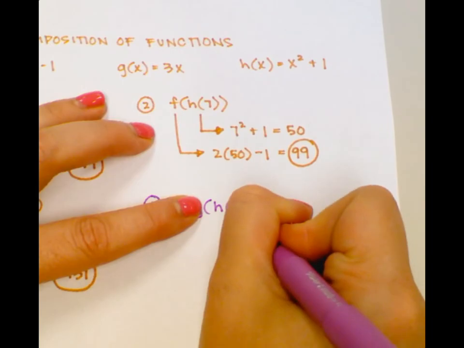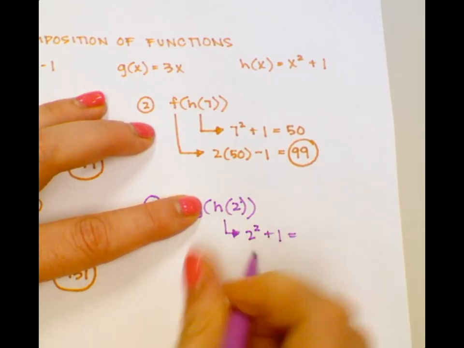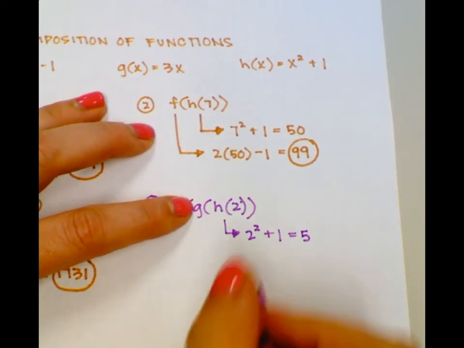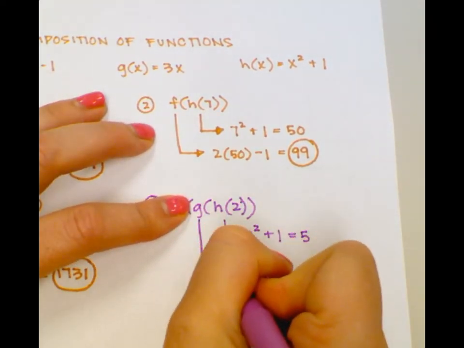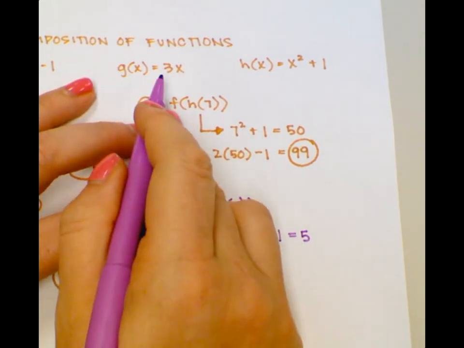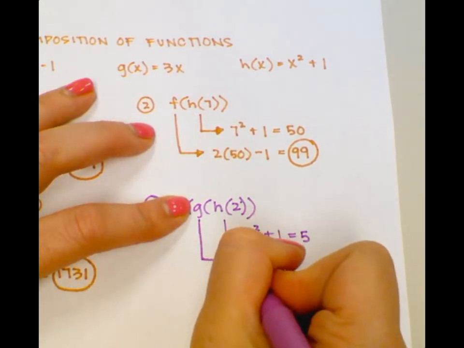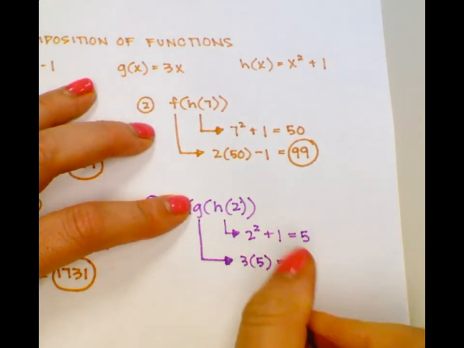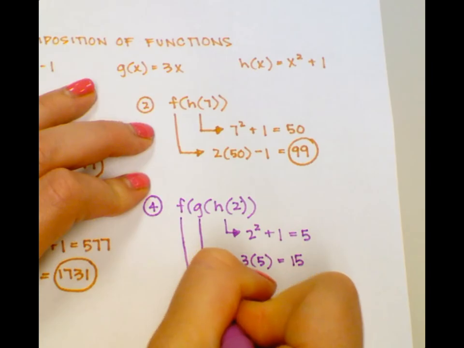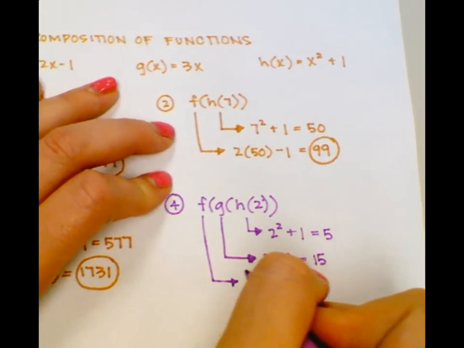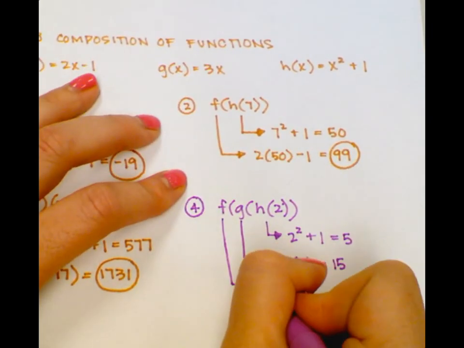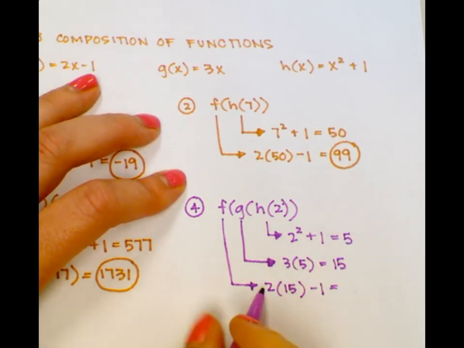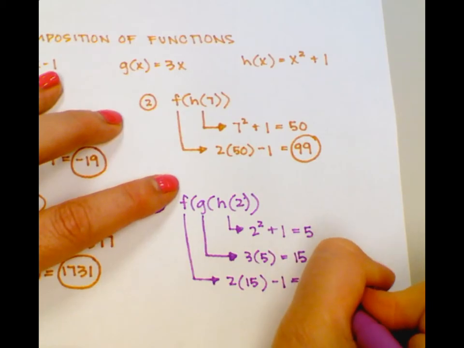So 2 squared plus 1, so 4 plus 1 is 5. Then I back it on up. So now I'm going to the g, and the g is right here, 3 times x. So 3 times 5, 15. Then back it on up. Now you're going to the f. F is way back over here. So 2 times 15 minus 1, so 30 minus 1, which is 29.